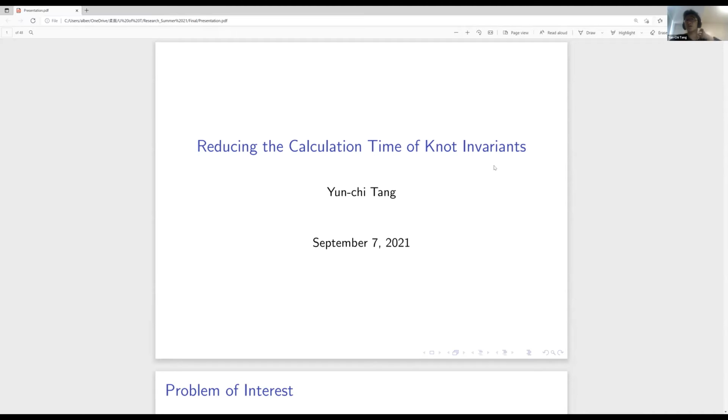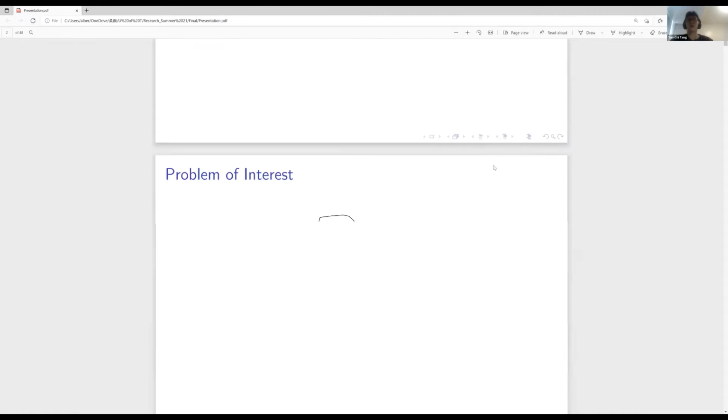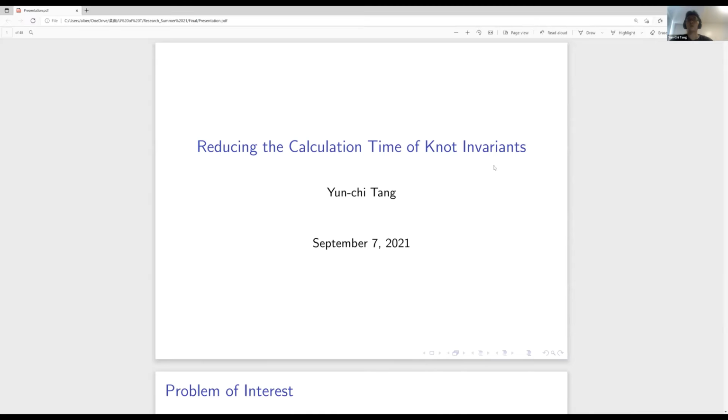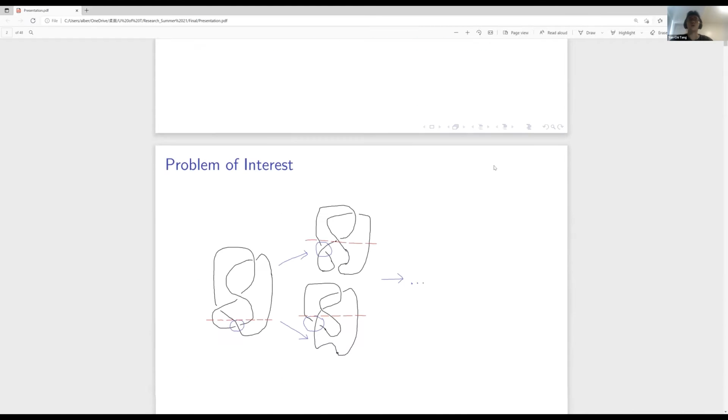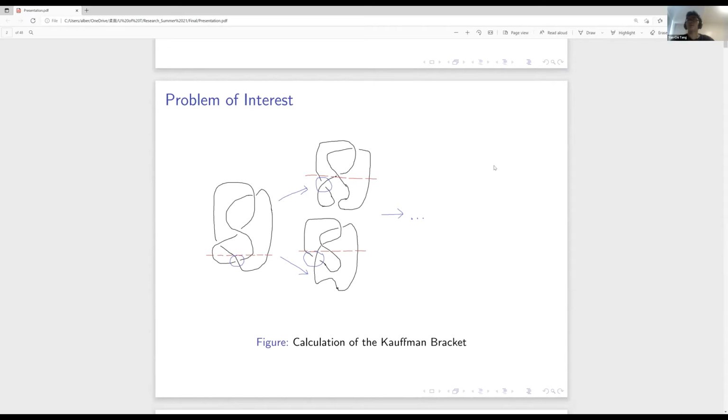I'm going to talk about trying to reduce the calculation time of knot invariants. Before I talk about how I'm going to reduce it, let's talk about what we're trying to do. The following paints a picture of how to calculate the Kauffman bracket.